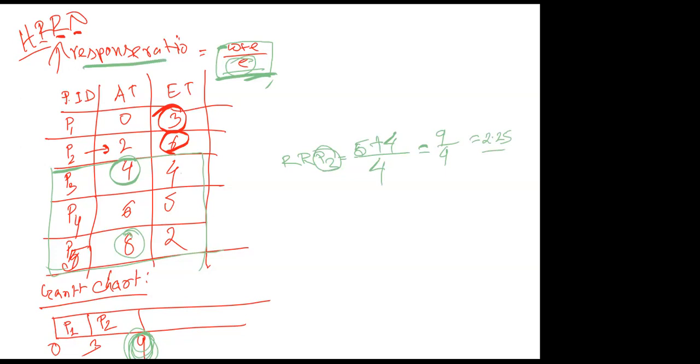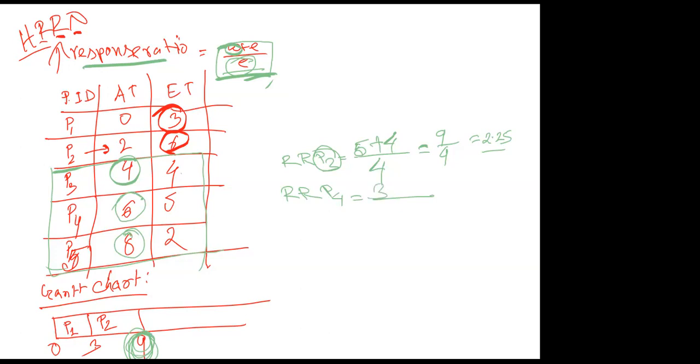Now calculate the response ratio for process P4, RR4. First, figure out the waiting time W. It arrives at time unit 6, and the current time is 9, so 9 minus 6 is 3 time units of waiting.